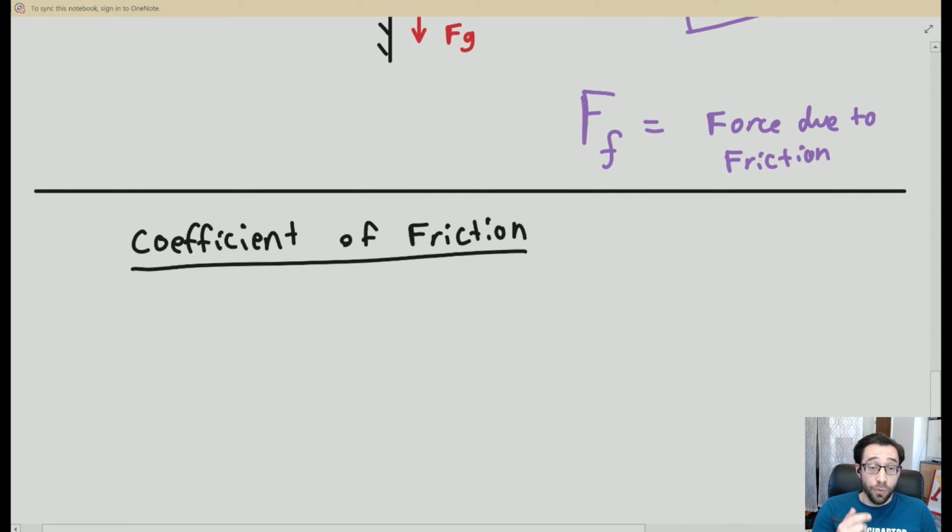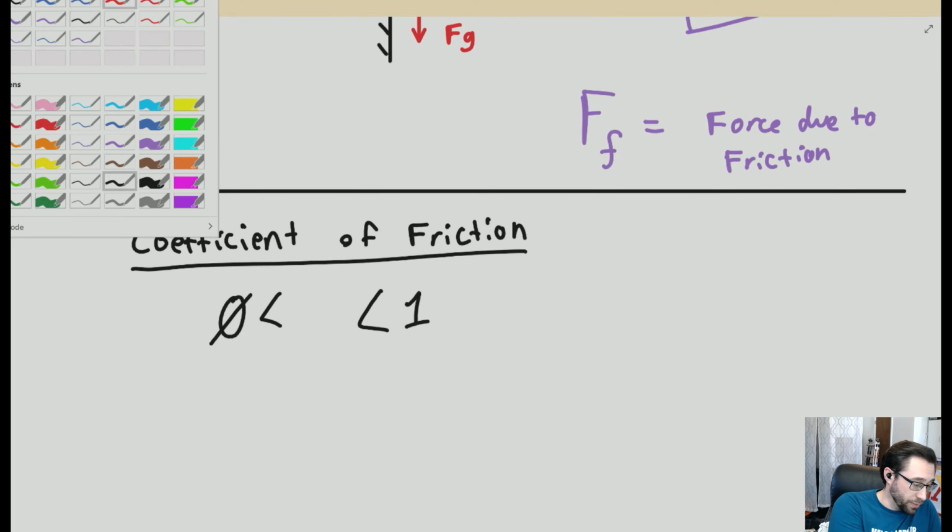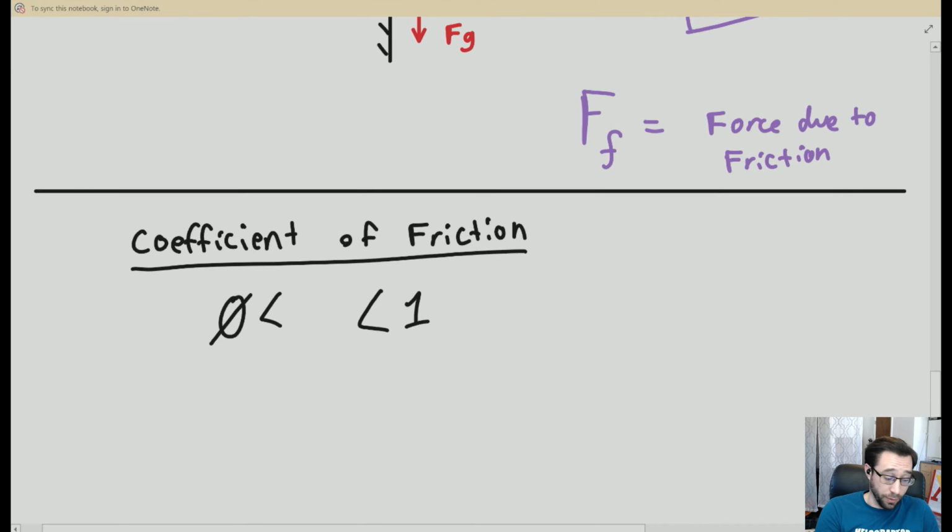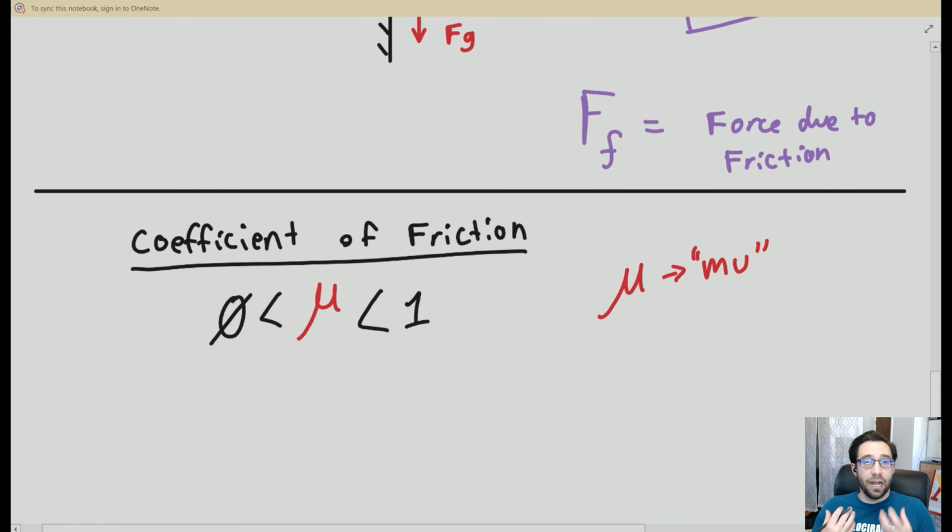So this coefficient of friction has to be greater than 0, but also less than 1. All right. And the symbol that we use to represent the coefficient of friction is the Greek symbol mu. Does that make sense? So mu represents how frictiony a surface is. The greater the value, the more frictiony it is.